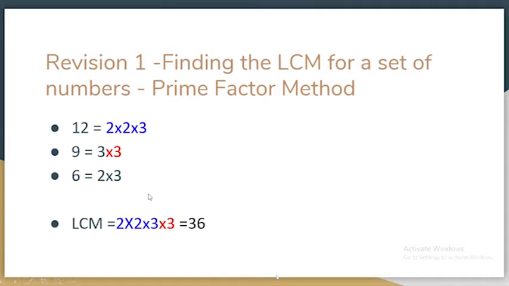Now the LCM, how do we get the LCM, having written the numbers as products of their prime factors? First, once again, which number do we start with? That's correct, the biggest number. So 12, so we have 2 times 2 times 3. We write down all the prime factors of 12.